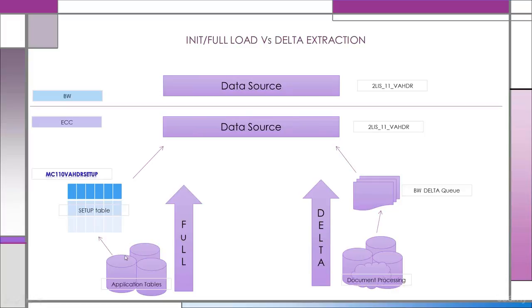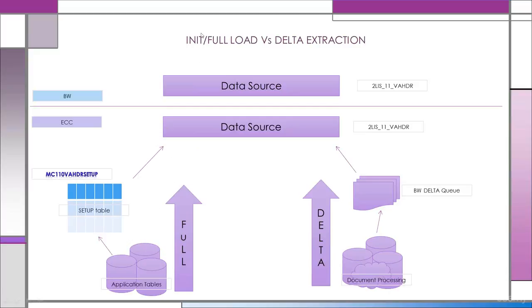In the very beginning, for example, the initial load of sales and distribution into business warehouse, the process is from the application table. It's a full load. First time we are loading, it's a full load. All the historical data up to date will be loaded from the ECC into BW.